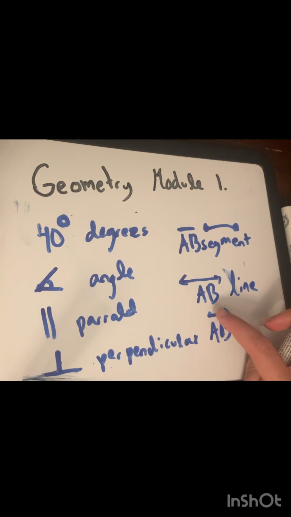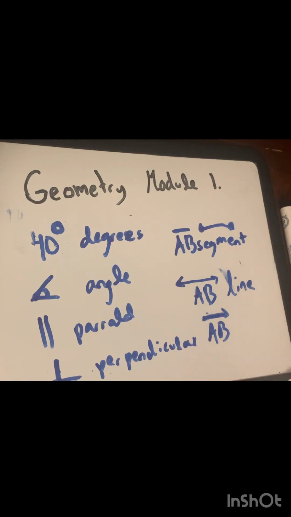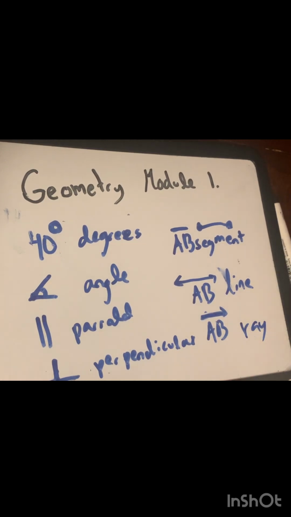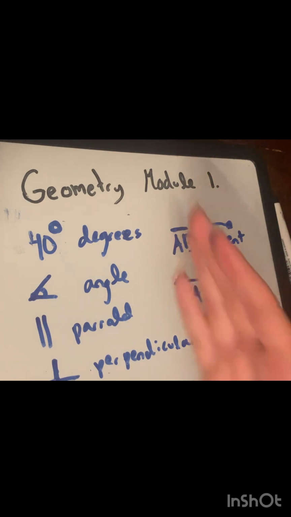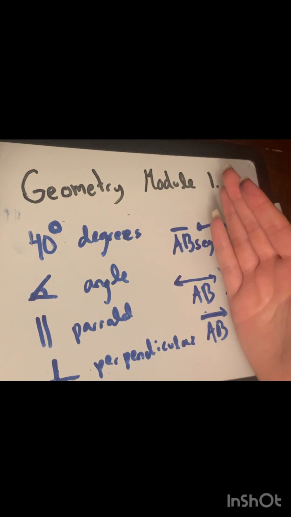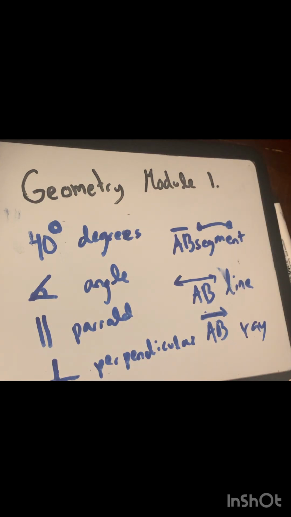But they expect you to know there's a point, but don't put the point. Just like the segment. Yeah, it's from one endpoint to infinite. And that would be a ray. And those are all the symbols you need to know how they're written. AB like this, AB like this, AB like this. These are the symbols, see? And the ones I showed you before. And that's all the symbols you need to know for Module 1.